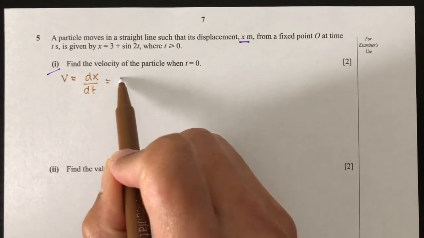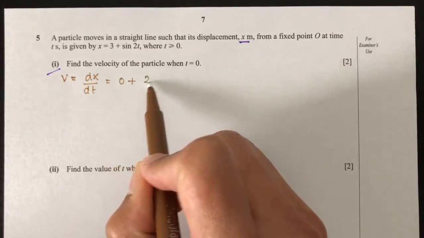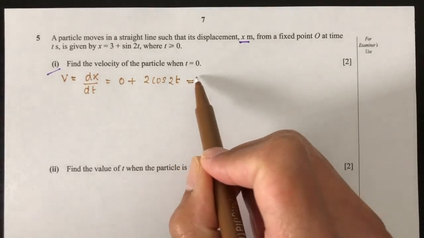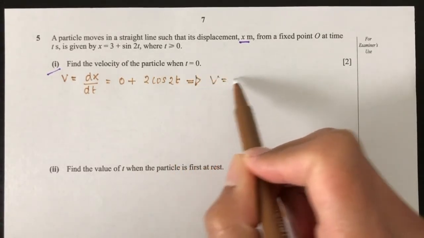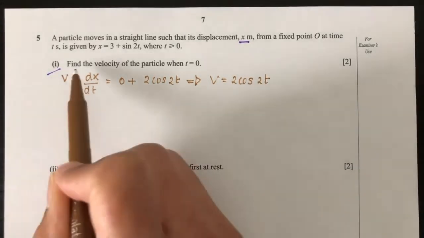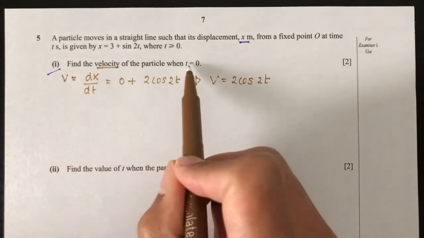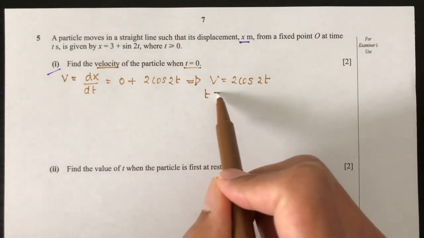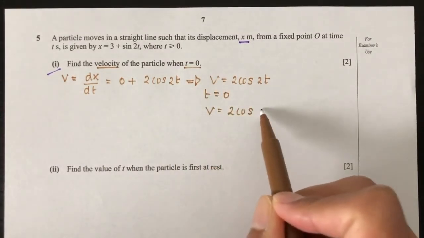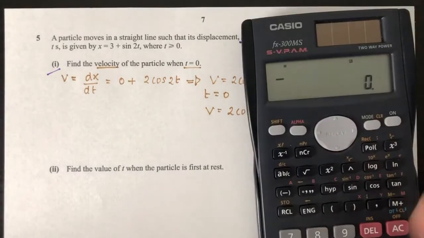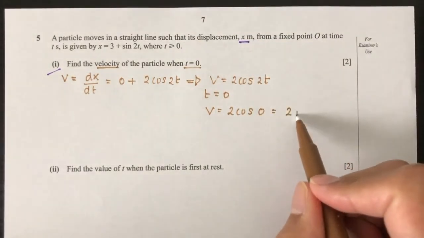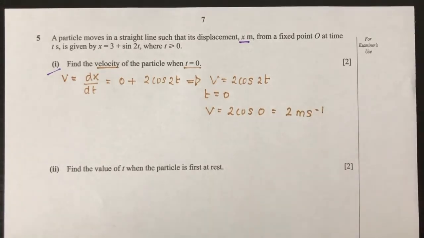That will be 0 plus 2 cos 2t. So v is equal to 2 cos 2t. We have to find the value of v when t equal to 0. So v will be 2 cos 0. That is 2. So your answer will be 2 meters per second.